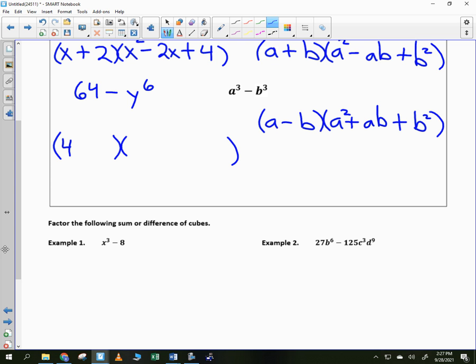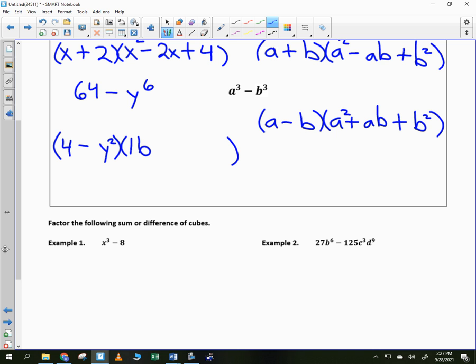What do you multiply by itself 3 times to get y to the 6th? Y squared. Is the sign going to be plus or minus? Minus. Square the front. 16.